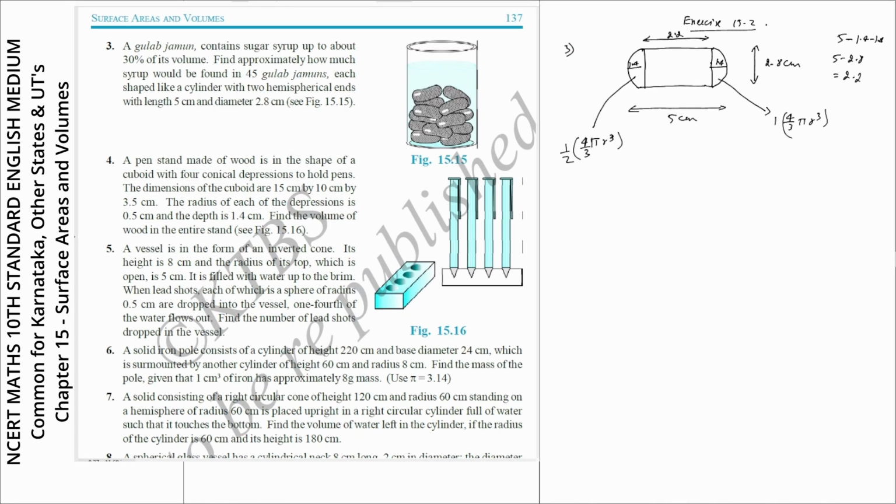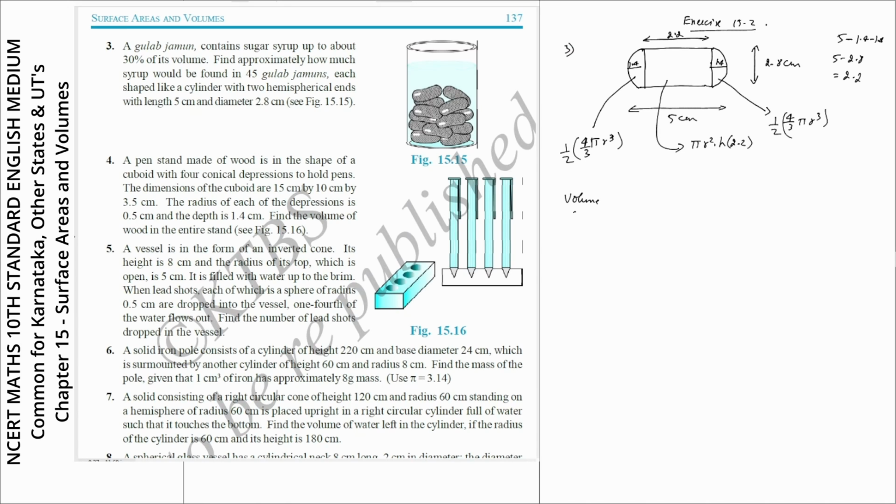So half of that will be the volume of the hemisphere. Now what is the volume of this cylinder? This volume of cylinder is given by pi r square into h. Now here h is 2.2.